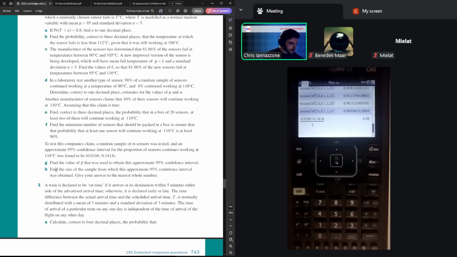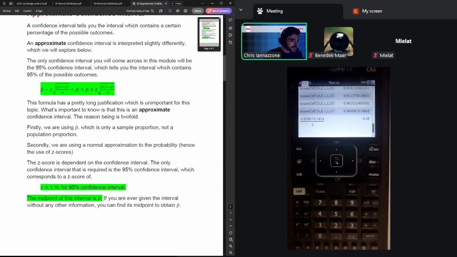Let me just see if they chose anything different. They did not. Okay, so unless they tell you z equals this, use z equals 1.96 for the 95% confidence interval. In tech-free, that's when they'll typically say, hey, just let z equal 2. We'll make life a little bit easier for you. But all I'm trying to highlight here is that we know z is 1.96. We know p hat is 0.08.